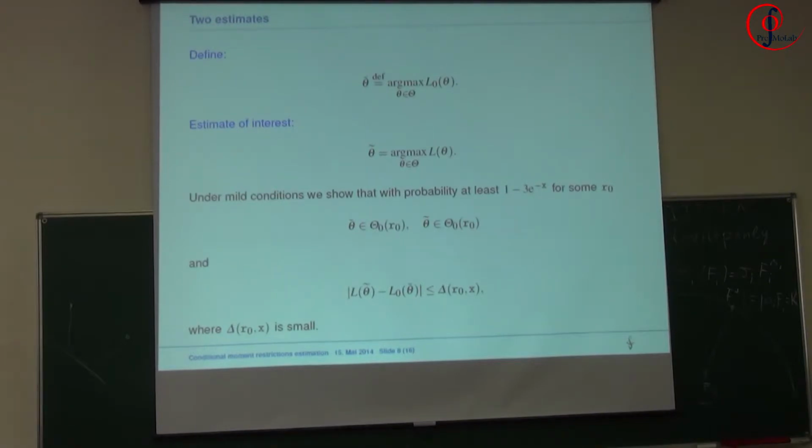So when we have L0 theta, it's based on our data, it's some random construction, we can define this kind of theta brief. So it's an estimator of theta 0. And our estimate of interest is this kind of theta, which maximizes the true L theta.